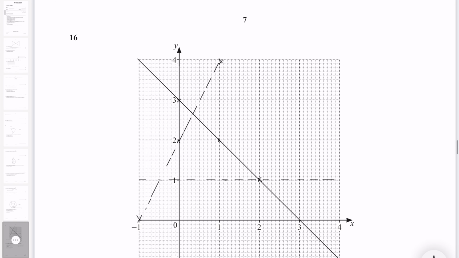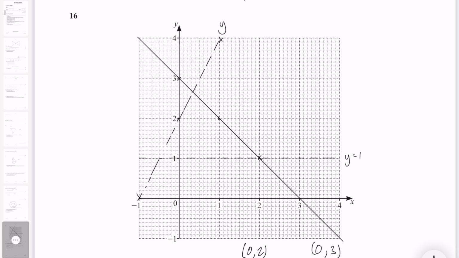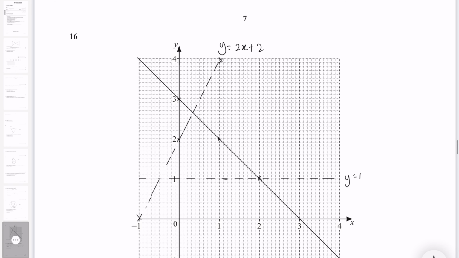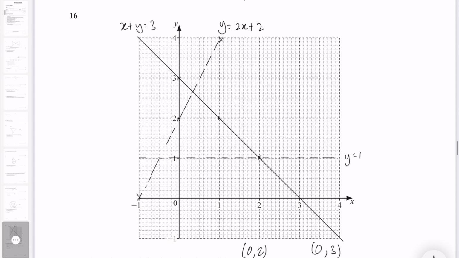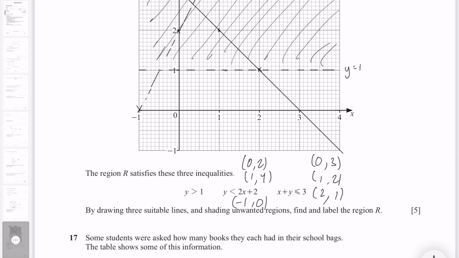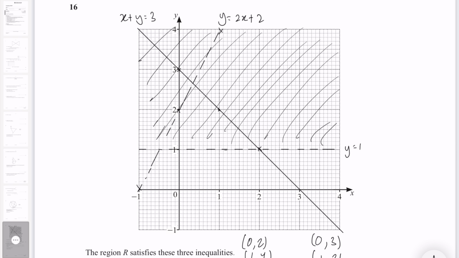Okay. So y larger than 1, this is y equals 1. This is y equals 2x plus 2. And the third line is x plus y equals 3. Okay, so I want y larger than 1, so that's everything up here. And I want y less than 2x plus 2. 2x plus 2 is this, less than that is everything down here.